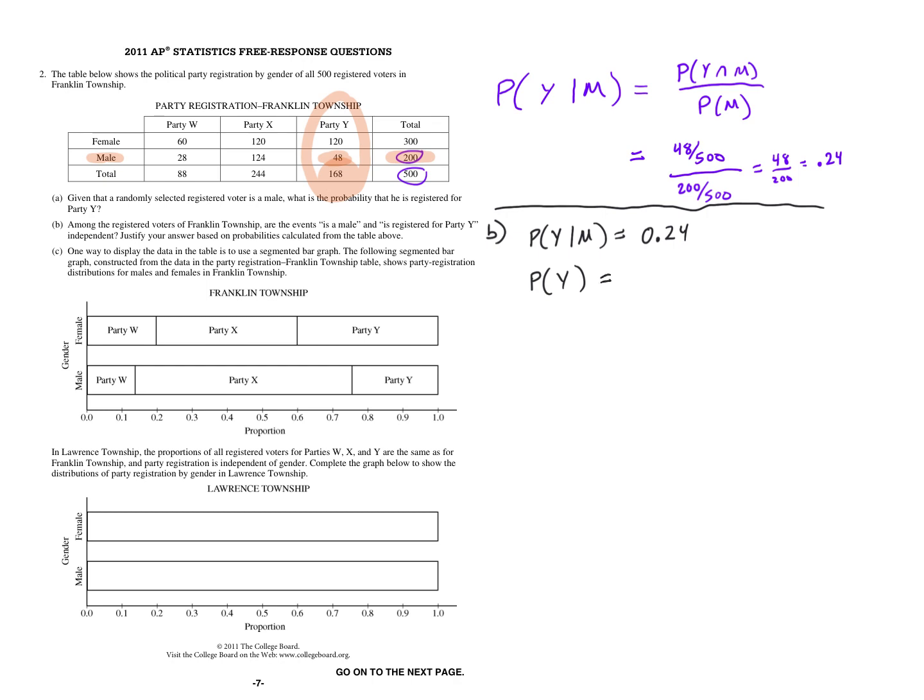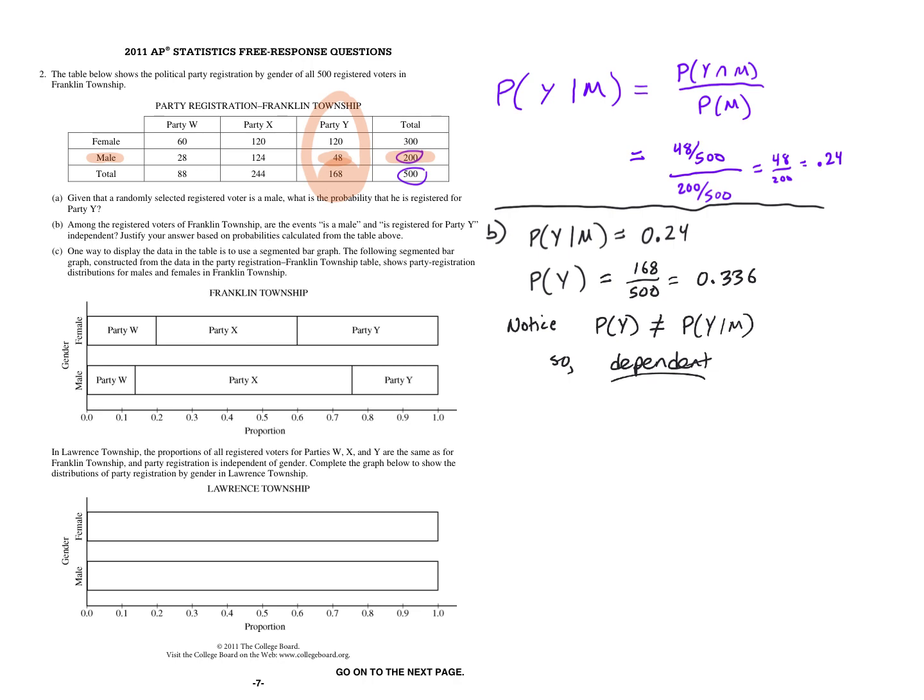And so we get 168 out of 500, which is 0.336, I believe. If that's slightly wrong, it's not going to be a big deal. And we can notice that the probability of Y does not equal the probability of Y given M. So they are dependent. They are not independent.